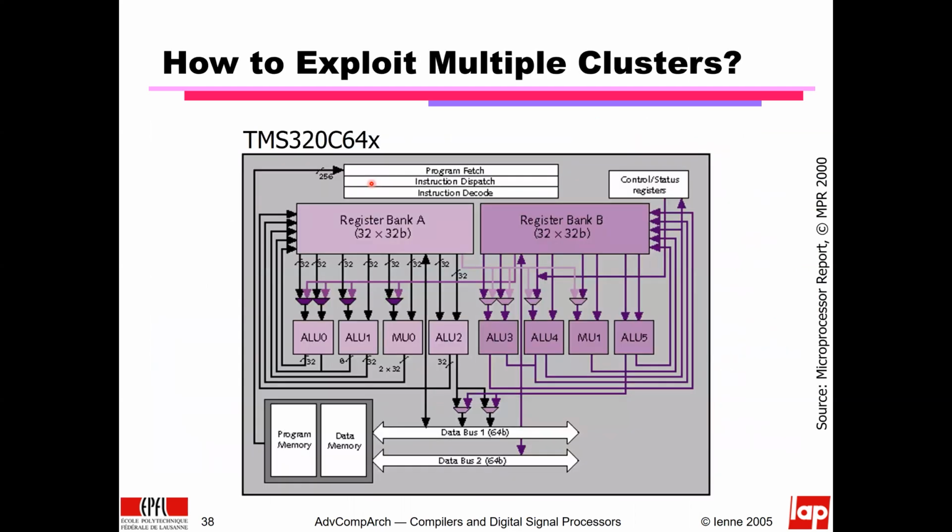You see a little bit more of the details here. There is a possibility for only one operand to be used in the other cluster, or here the same thing in the other direction. So there are exceptions and there is communication between the clusters, but this communication is extremely costly and extremely rare.